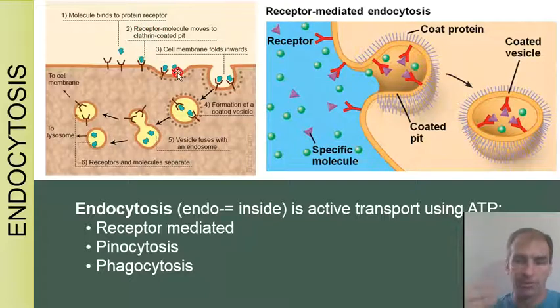The cell membrane begins to change its shape, forms what we call a vesicle, and then this will enter into the cell. So there's still protein receptors playing a role.